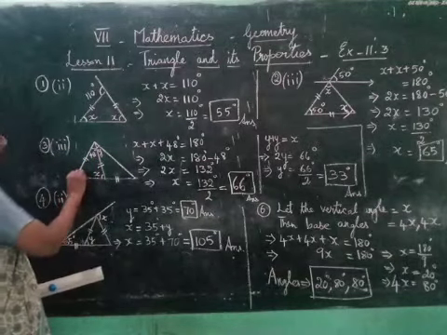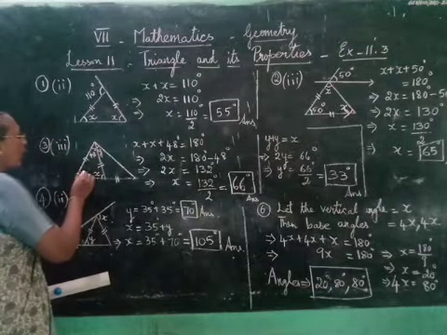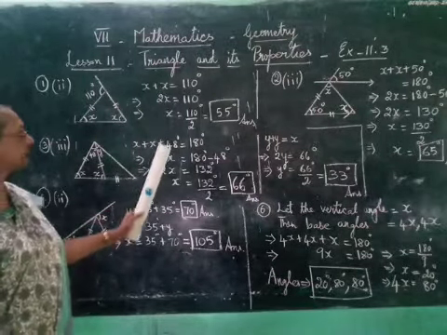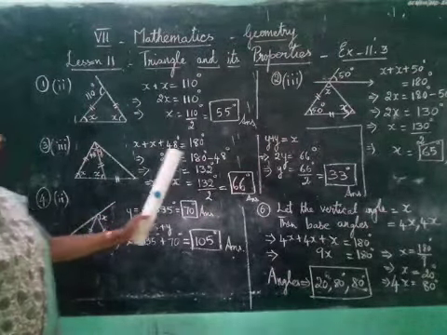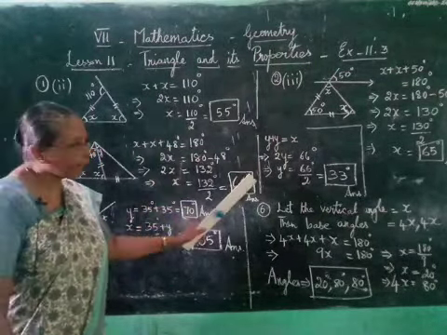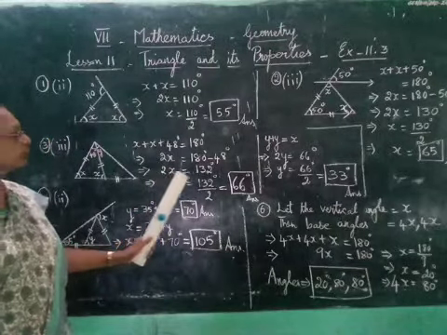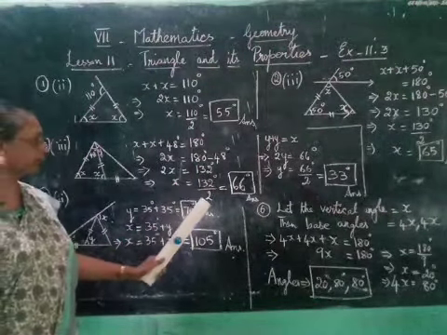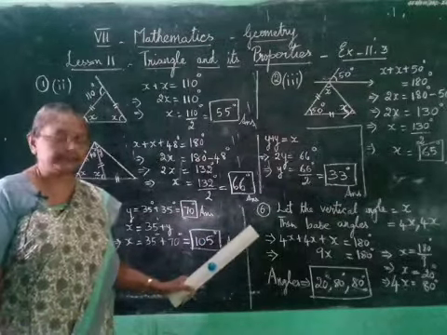So, this angle, which is the base angle, will also be x. So x plus x plus 48 degrees will be equal to 180 degrees, which implies 2x is equal to 180 degrees minus 48 degrees, which implies 2x is equal to 132 degrees. x is equal to 132 by 2, which is 66 degrees.